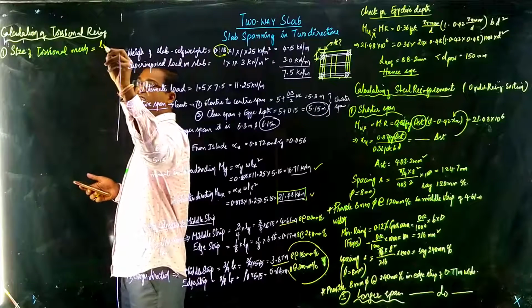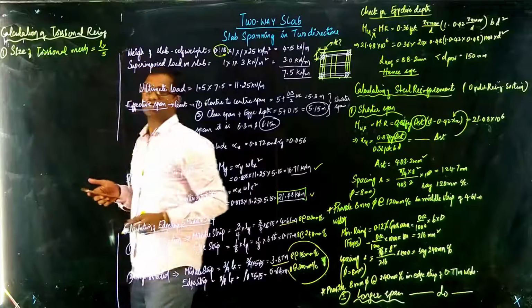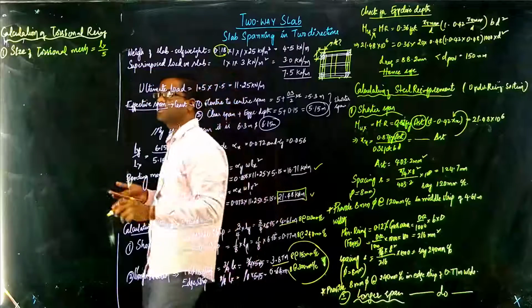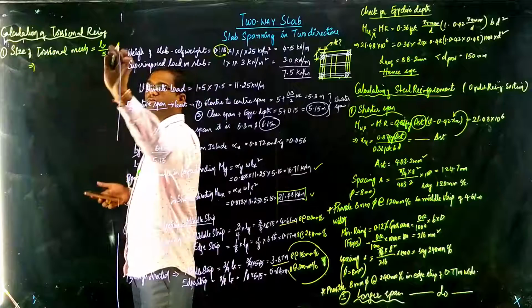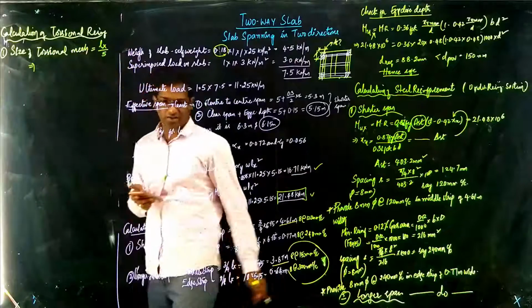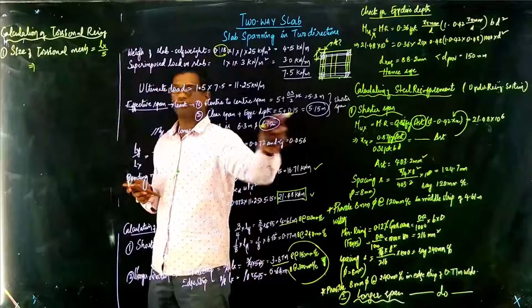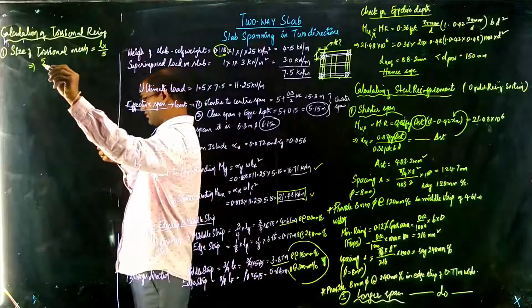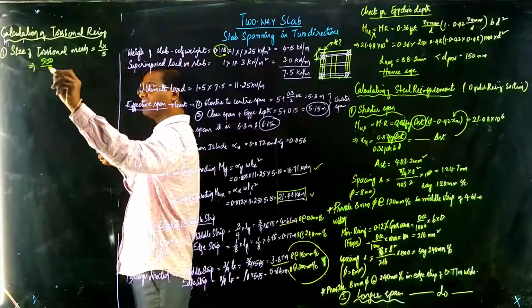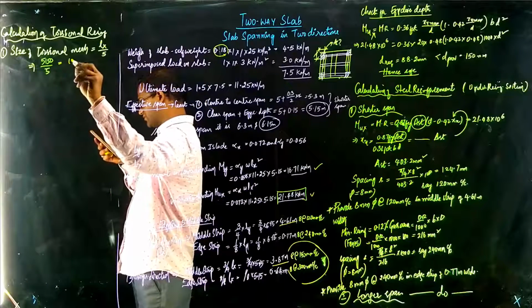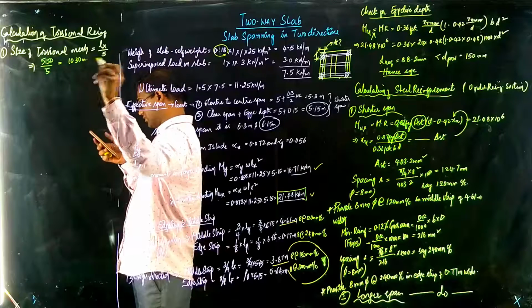It is given as 1/5 of shorter span in the given clause. So effective shorter span is 5.15. So 5.150 divided by 5 will give you a value of 1.030 meters.